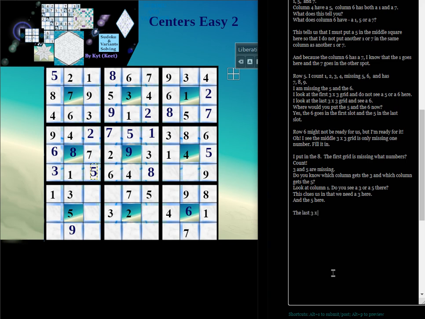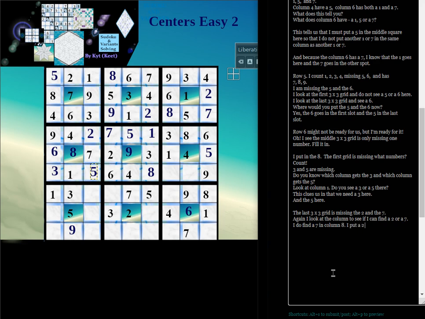The last 3 by 3 grid is missing the 2 and the 7. Again, I look at the columns to see if I can find a 2 or a 7. I do find a 7 in column 8.